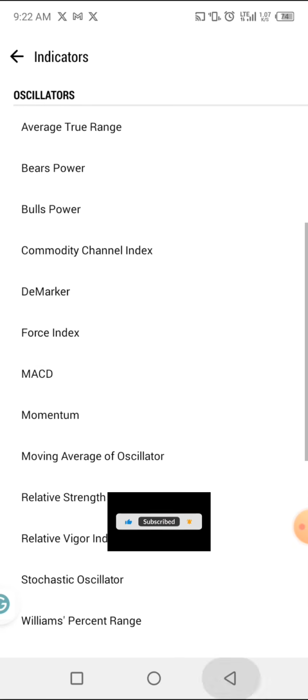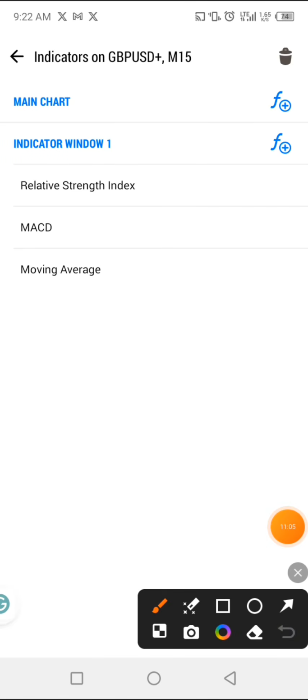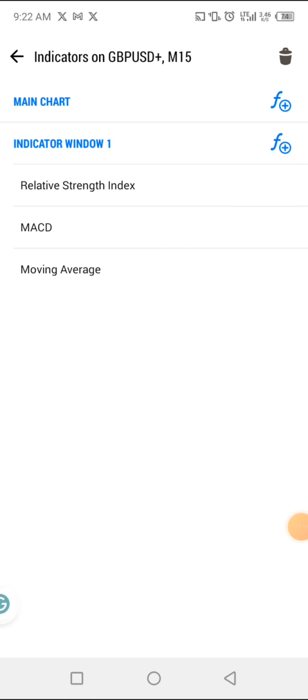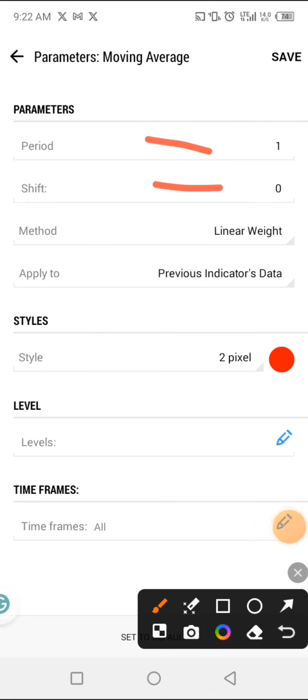The next indicator we're going to be using, and the last indicator, is the moving average. You still just go to the indicator window 1 right here, and you go to indicators and look for your moving average. In your moving average, you have to make sure you set it exactly like this, because if you don't do it this way, it's not going to work.